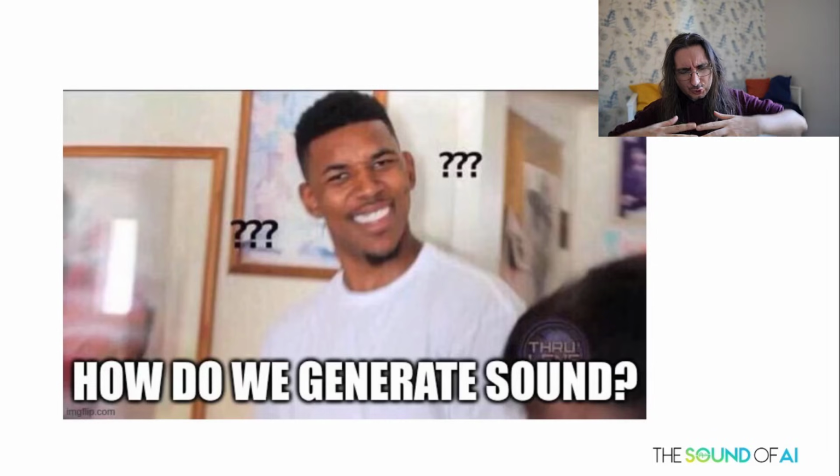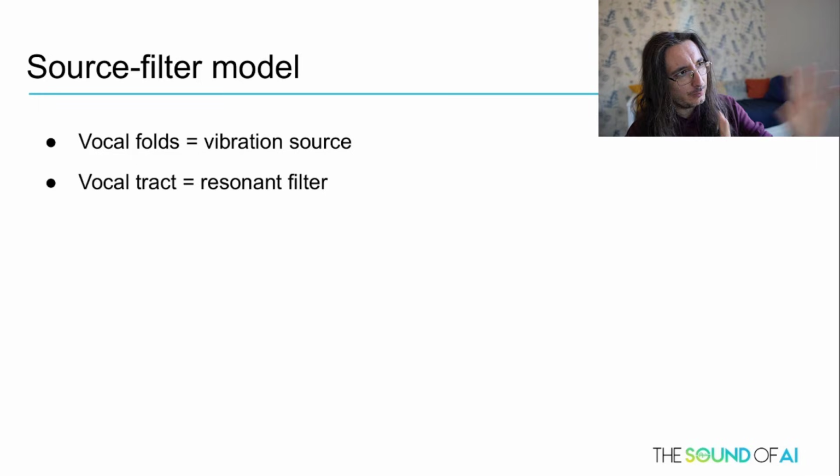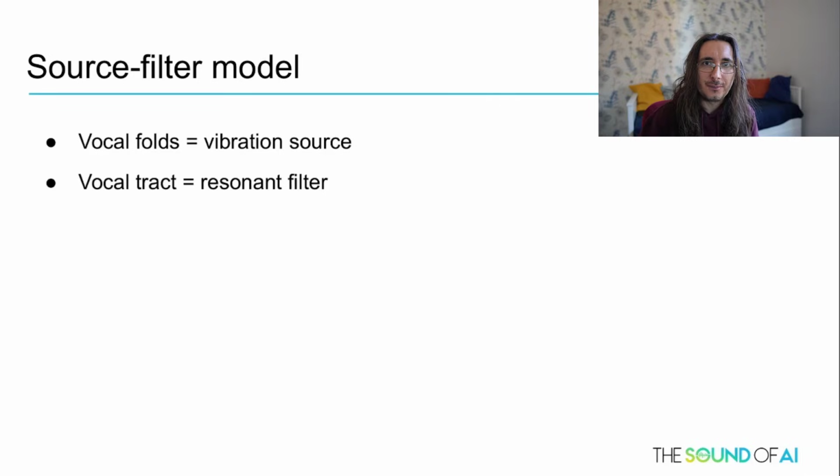We now have talked about all of these different elements, but we really haven't talked about how we human beings do generate sound. How do we do it? Let's take a look at it. It's extremely interesting. So, a classic way of visualizing or modeling how we generate speech is going with this idea of a source filter model.